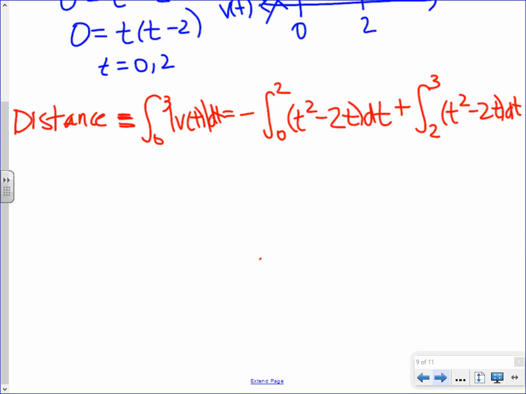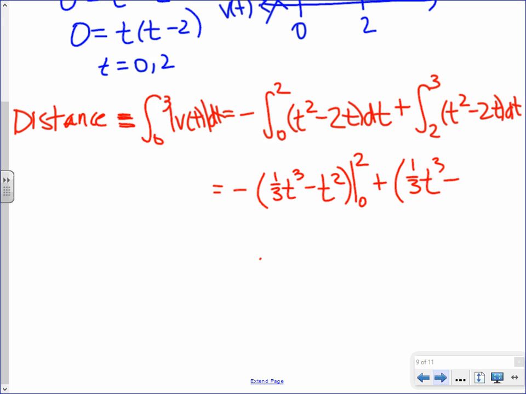Okay, so what we have is negative the quantity 1/3 t cubed minus t squared evaluated from 0 to 2, and then 1/3 t cubed plus t squared evaluated from 2 to 3.